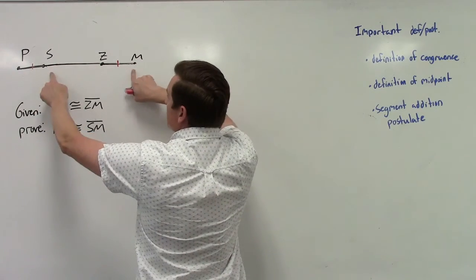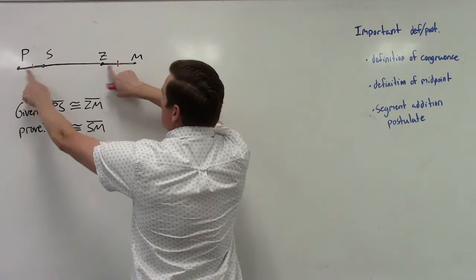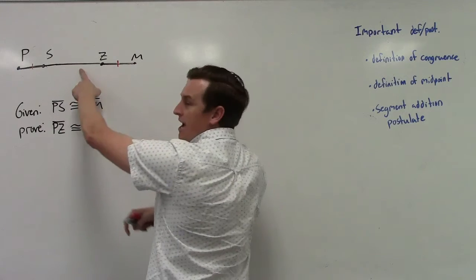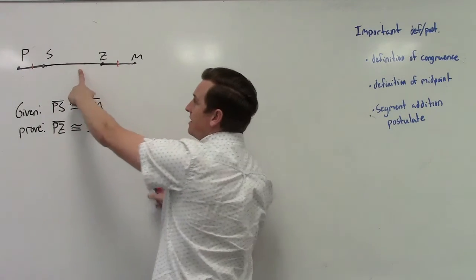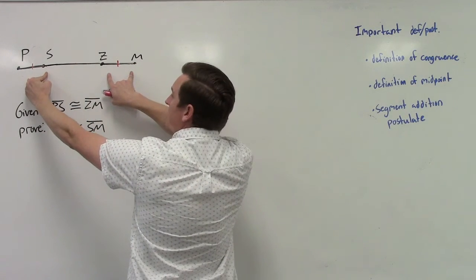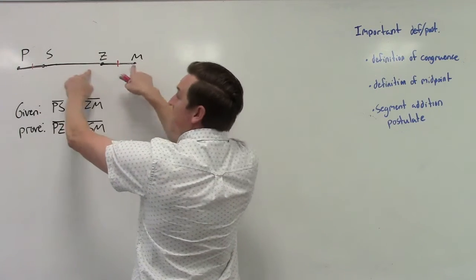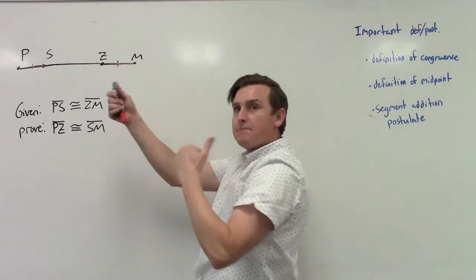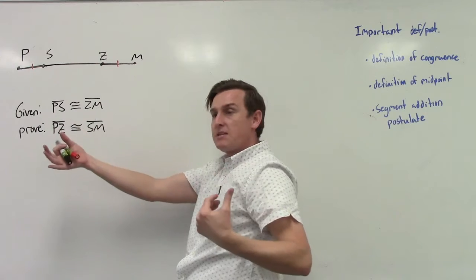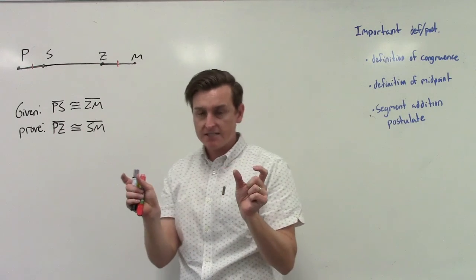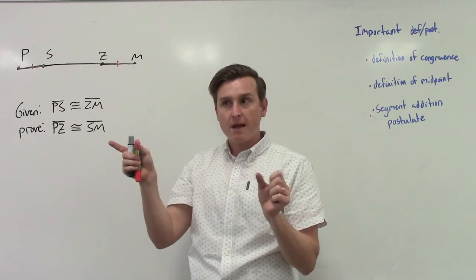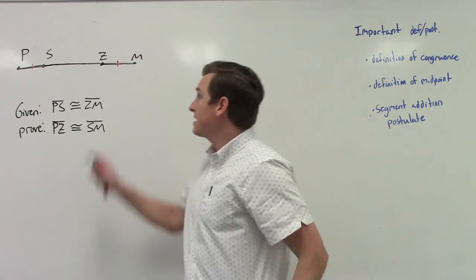So both of these segments that I'm looking at, PZ and SM, they both have SZ in them. It's two little segments that are equal, and then I add the same segment to both of them to get bigger segments. So those bigger segments must be equal to each other. If I have two little segments and I add the same thing to both of them, I'm going to get two bigger segments. That's kind of the idea here.